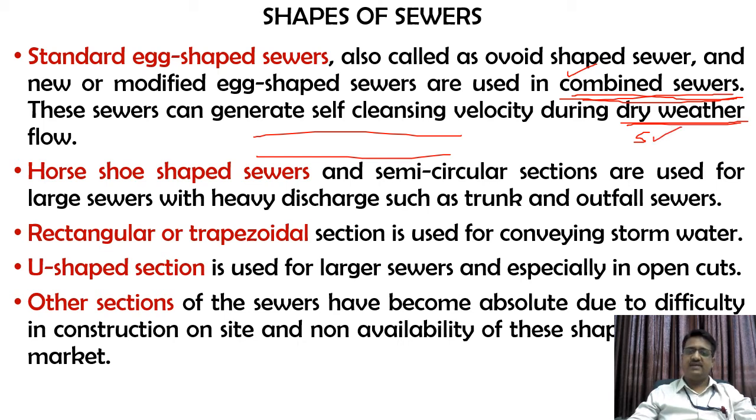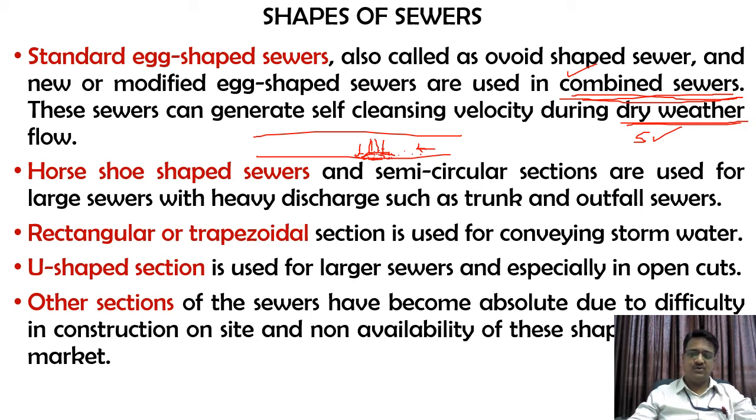At that point, in a conventional circular pipeline, because of the less flow and lesser velocity, the sediments are going to settle down at the bottom. Once they settle, anaerobic decomposition will start, and in turn foul gas, hydrogen sulfide, will be generated. We don't want such circumstances to happen.